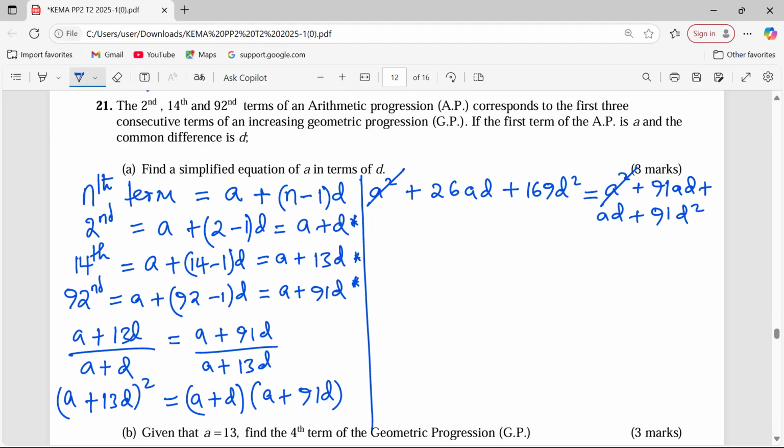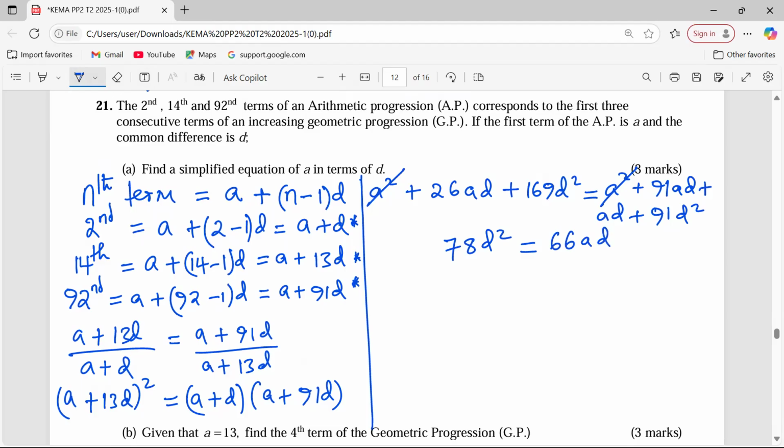Then we address 169 and 91. So 169 minus 91 gives us 78d squared, equals, on the right hand side, 91ad plus ad, so that's 92ad minus 26ad, giving us 66ad.